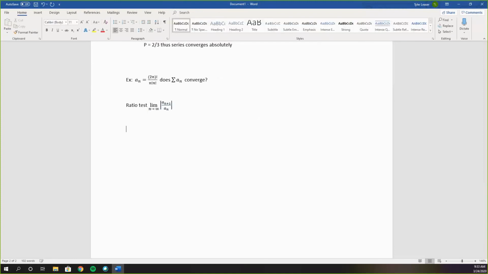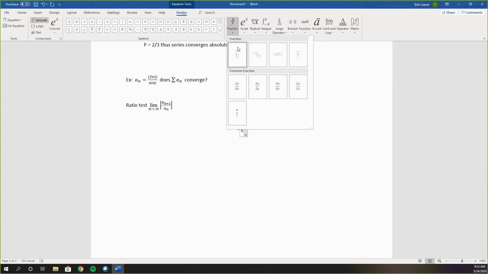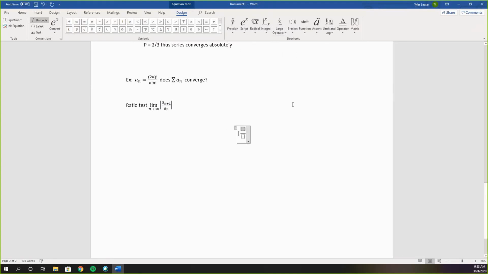Alright, so let's write this all out. We're going to do the absolute value, and we're just going to plug n plus 1 in for all of these n's. You have to be very careful when you're plugging it into these factorials. I'll go ahead and get a fraction started here. If I plug n plus 1 into this, then my numerator is going to be 2 times n plus 1, all factorial.